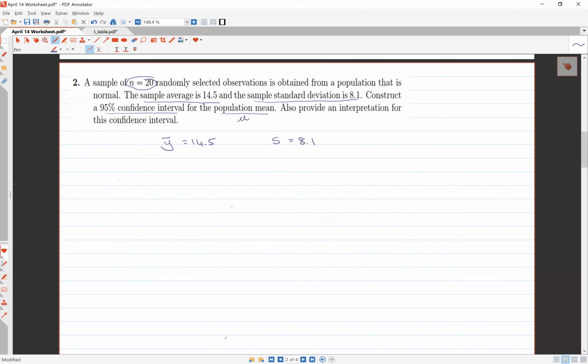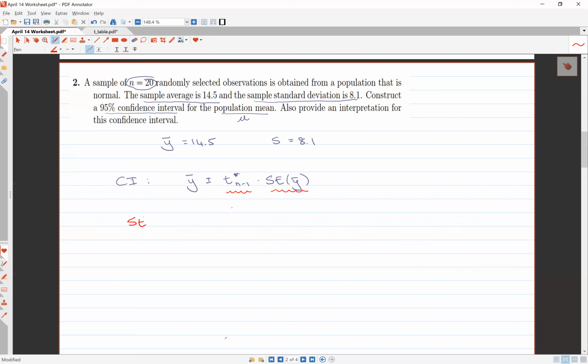So the confidence interval formula is given by Y bar plus or minus T star of n minus 1 times the standard error of Y bar. So what we need to calculate here is both the T star value and the standard error.